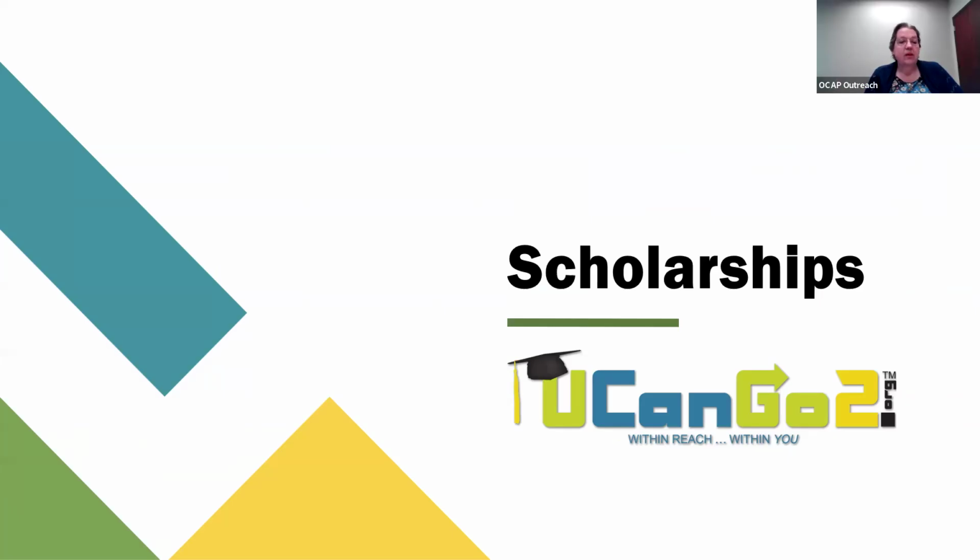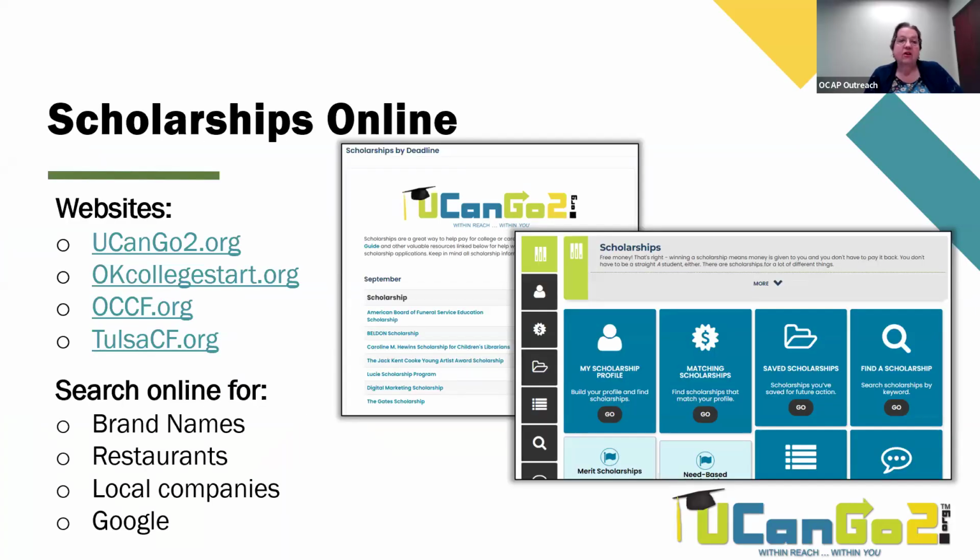And the 4 websites that we have listed here are all ones that we strongly suggest. They have great information on them. OCCF is the Oklahoma City Community Foundation. Tulsa CF is the Tulsa Community Foundation. They both have scholarship programs for people in their areas that are excellent resources.